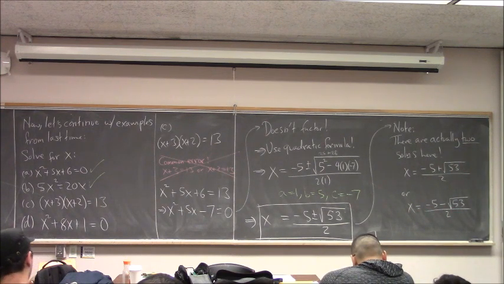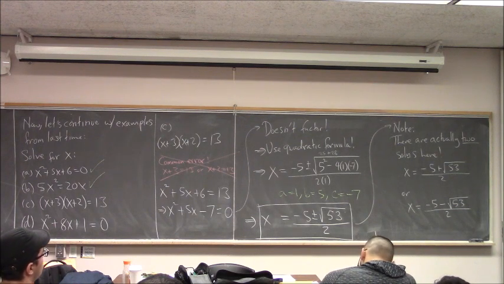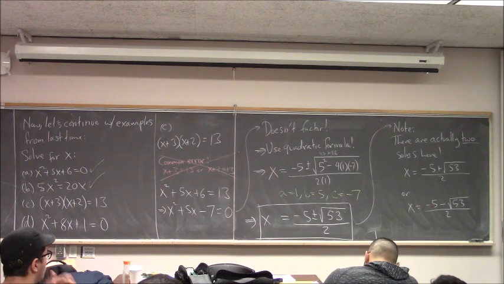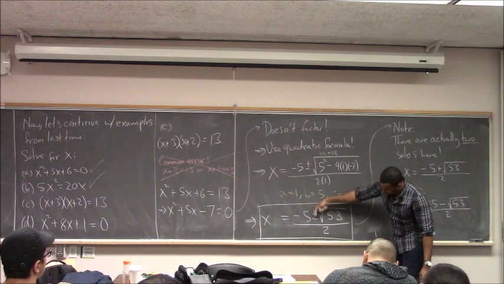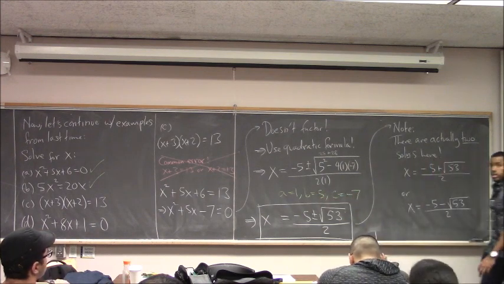Of course, there are some contexts in which one would be acceptable and the other would not, but in general, if you're just asked to solve the equation, you take both as possible solutions. Okay? So this plus and minus can split you into two different scenarios.